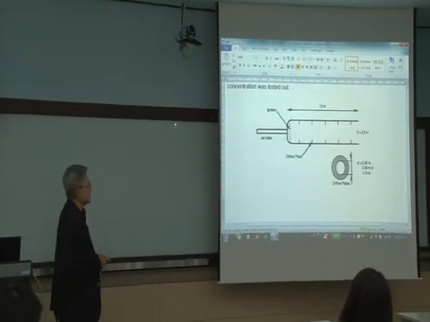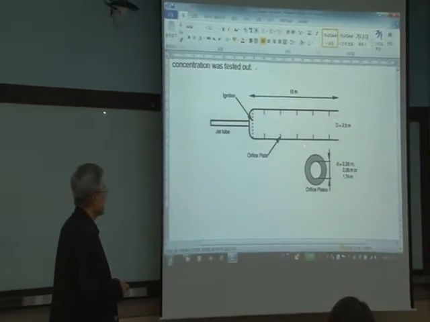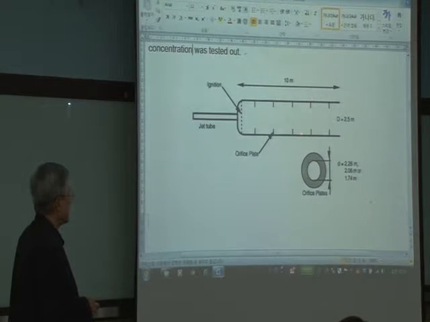This is 10 meters long, and this is 2.5 meters in diameter, and there is a jet tube. Then this is the ignition plate.